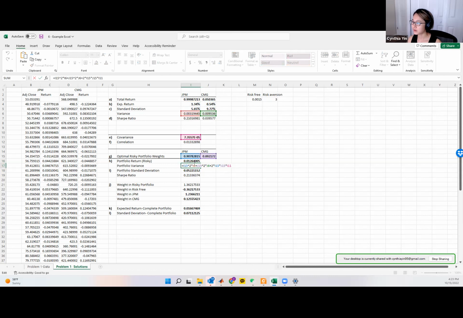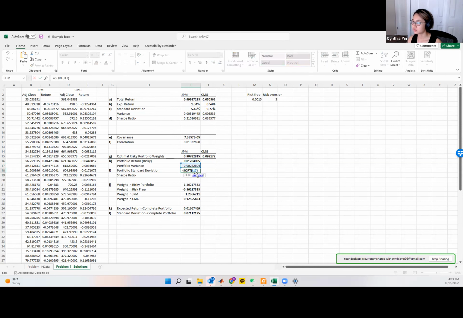And the portfolio variance follows the formula in chapter 6. It's just the weight in JP Morgan squared times the variance of JP Morgan, plus the weight in Chipotle squared times the variance of Chipotle, and plus 2 times the weights and the covariance, also the same formula.